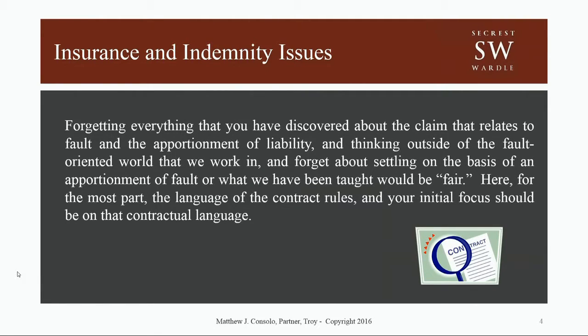Additionally, you have to understand that a party can contract away all of its liability, even if it is at fault, as long as the indemnification language is proper. Again, a party can contract away all of its liability, even if it is at fault, as long as the indemnification language supports that position. Put another way, a party can assume another party's liability, even if the other party is at fault, so long as the indemnification language supports the position.